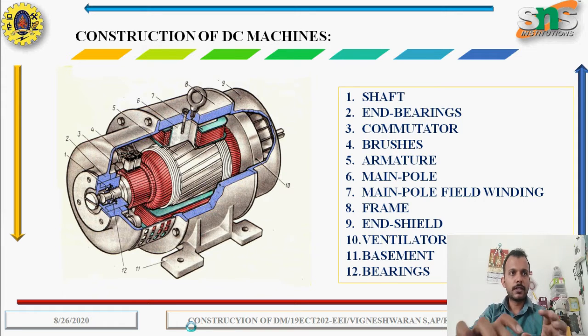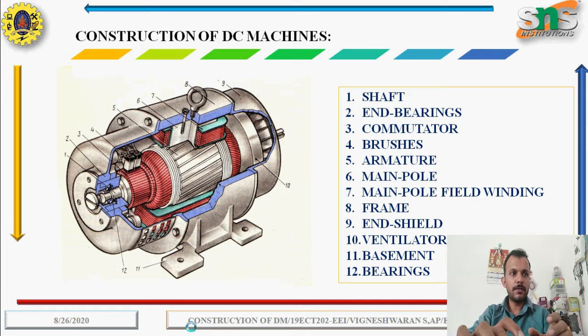So a 3D diagram of the construction of a DC machine is shown here, and the parts are listed from 1 to 12. So there is a shaft. You know what a shaft is? Shaft is where we get the mechanical output, or where we give our mechanical input.